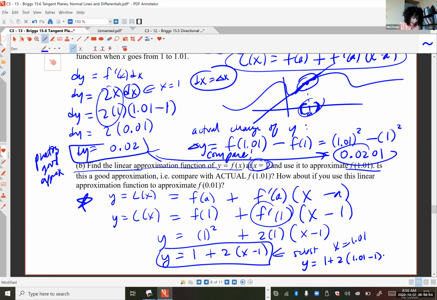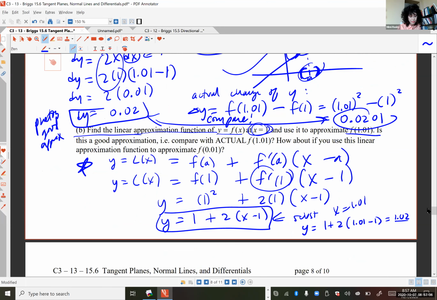And the y value that I get after I punch this all up is 1.02. And that's basically the value of the tangent line y coordinate when you plug in x equals 1.01. Well, what about the actual function evaluated at 1.01? We already know f of x is equal to x squared, so what's 1.01 squared? Well, it's 1.0201. So these are pretty close.